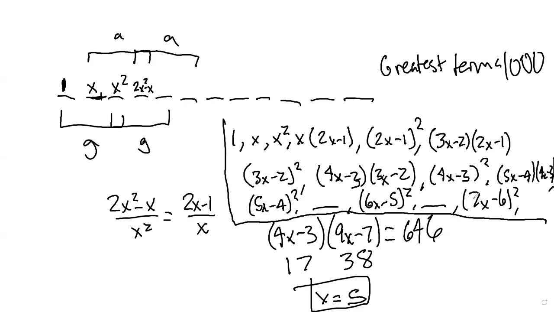I'm told that the next term is the correct one, but I'd like to check. When we plug this in, 29 squared is 841, which is definitely high up. The next term is 7x minus 6 times 8x minus 7. So that's going to be 29 times 33. That's 957, I believe.